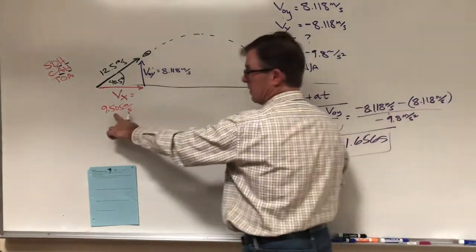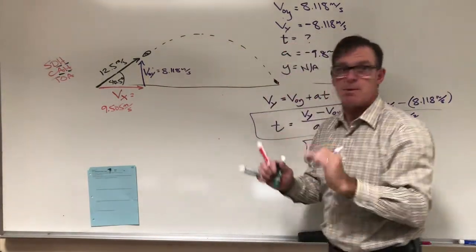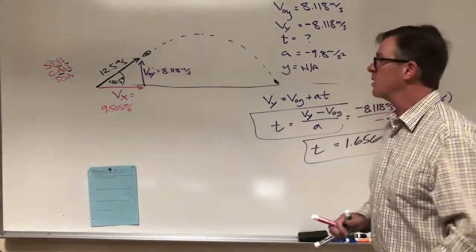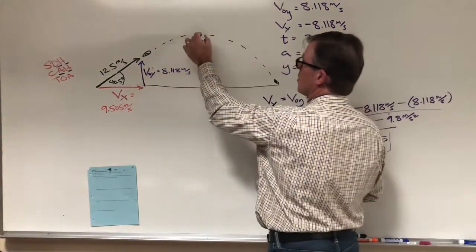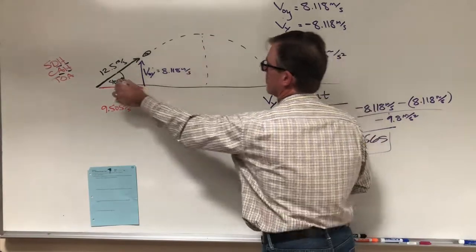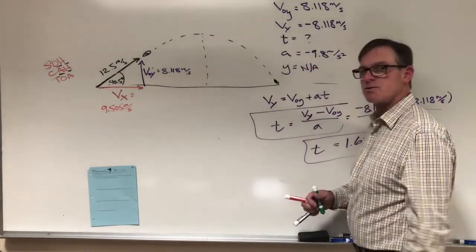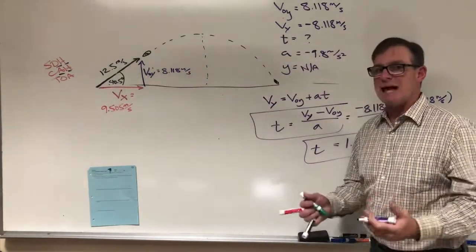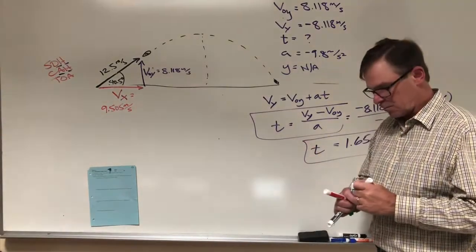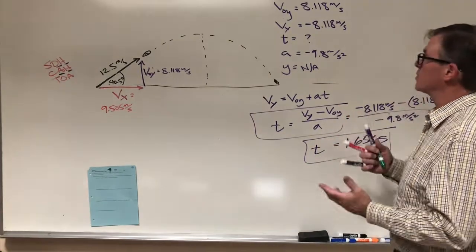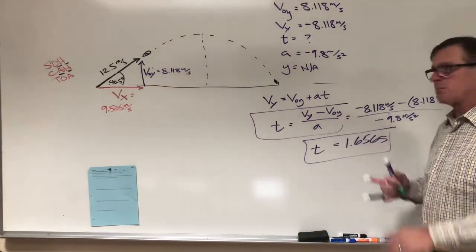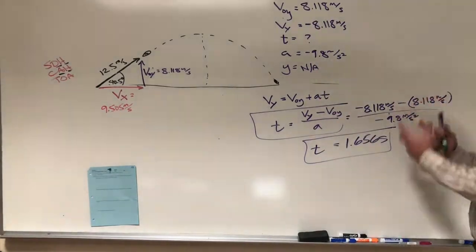It still has 9.505 of horizontal at that moment, but its vertical velocity is 0. So you could put in 0 for your final velocity, but then you would only get the time from here to this dotted line I just drew. So what would you have to do with that time to get the whole time? Of course, you would double that, right? So that will work too, but I like to stick with the simple whole problem in one step.